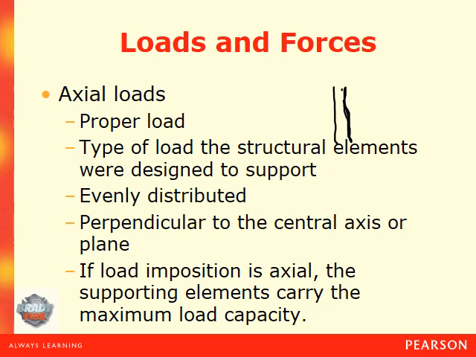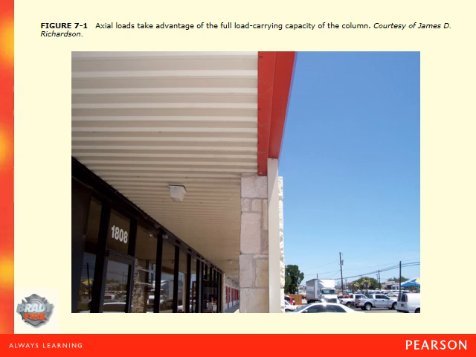Obviously it would be straighter than what I'm drawing. And then here is your floor or roof of the upper level that it's supporting. So that's a good example of an axial load. Here's another great picture of an axial load taken in front of a shopping center, obviously.